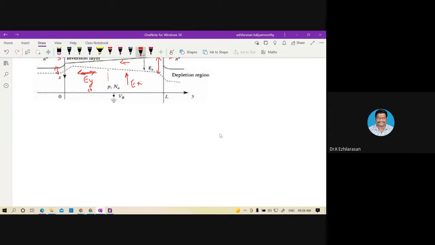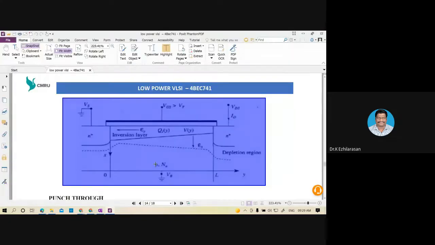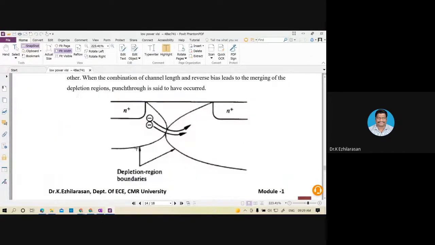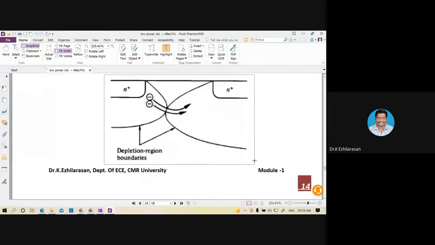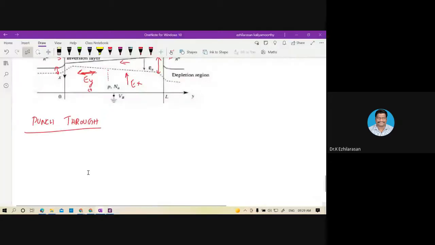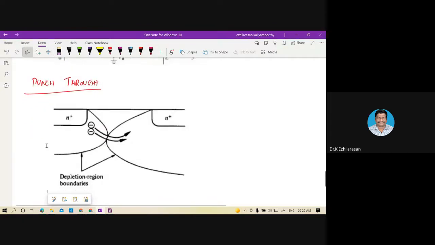Next we are going for punch through. For punch through, let us go to the diagram again. This is one of the second order effects.